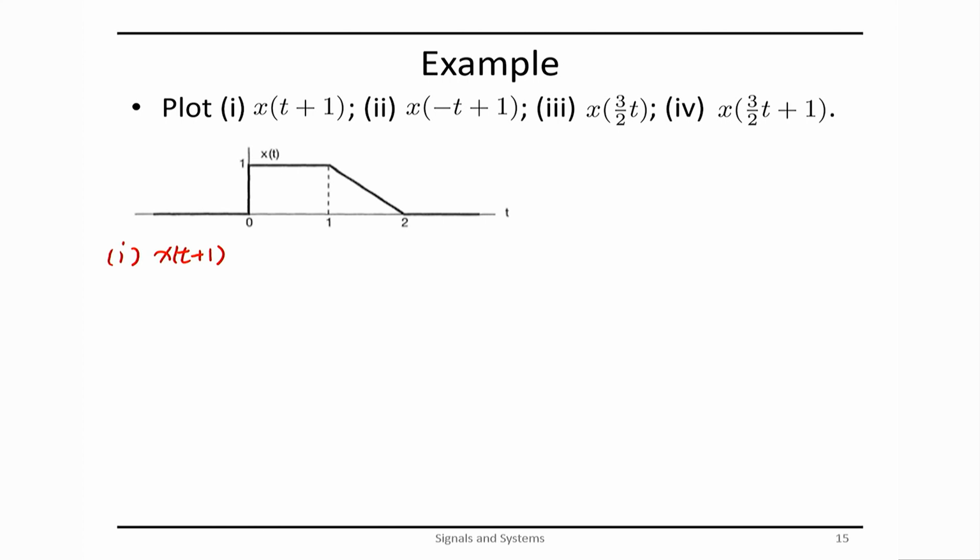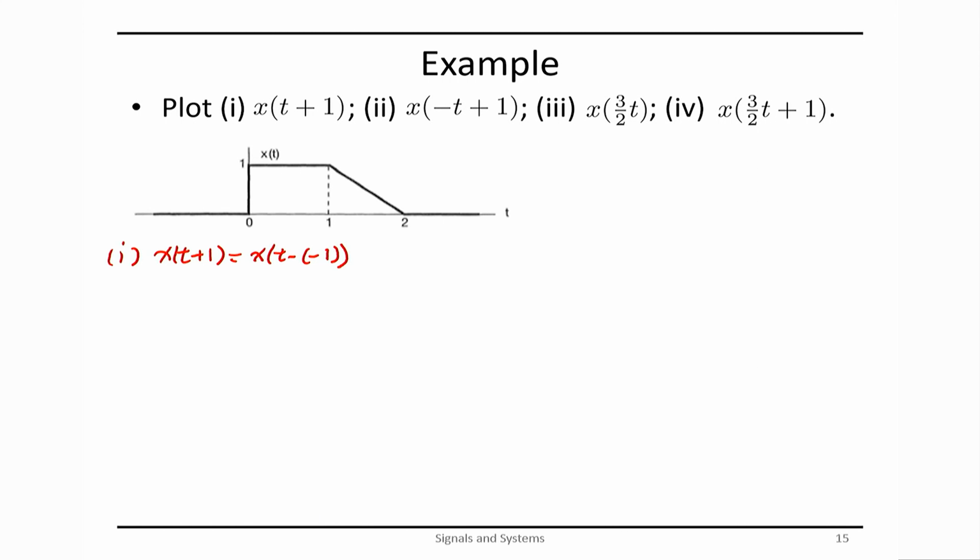But here, instead of t minus t naught, we have a plus sign. So let me rewrite this as x of t minus negative 1. And in this case, negative 1 would be t naught. So with a negative 1 t naught, we're basically moving the signal to the left by 1.